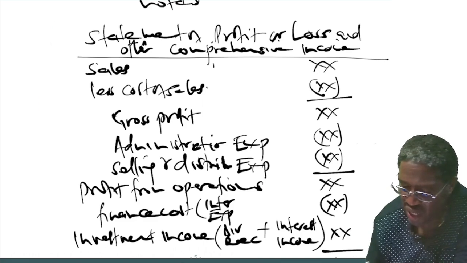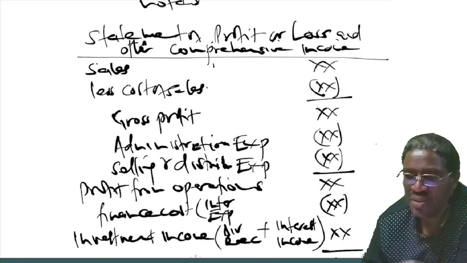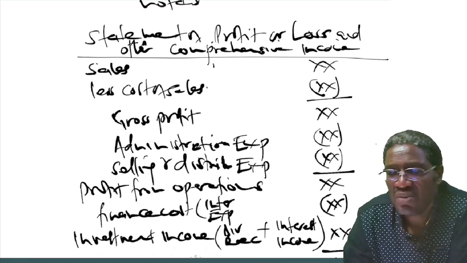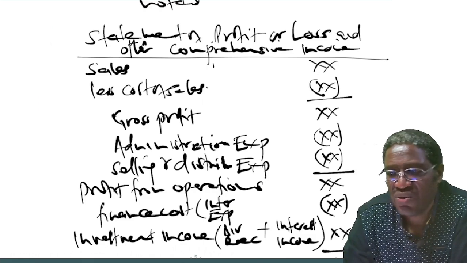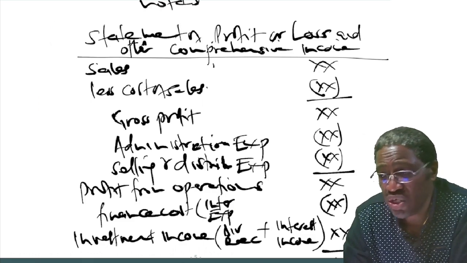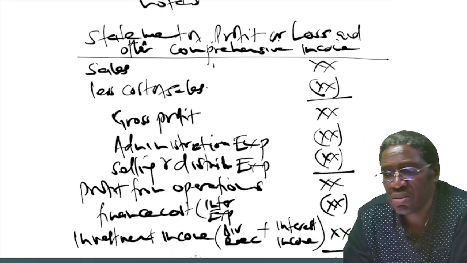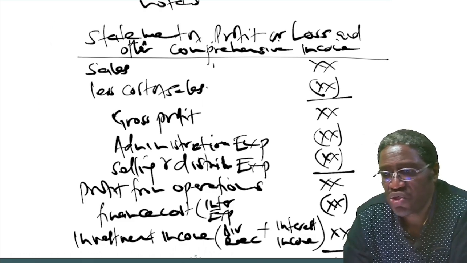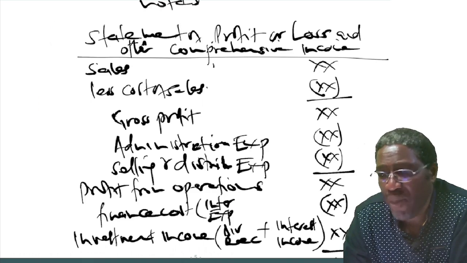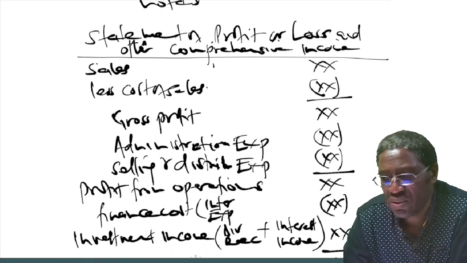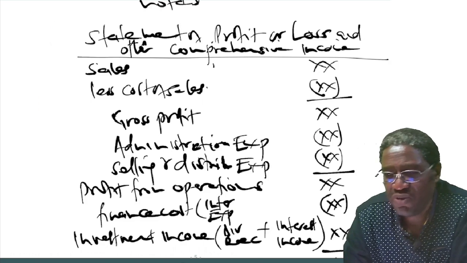Then you come to administration expenses, then selling and distribution expenses. Minus those two, then you get what we call profit from operations.